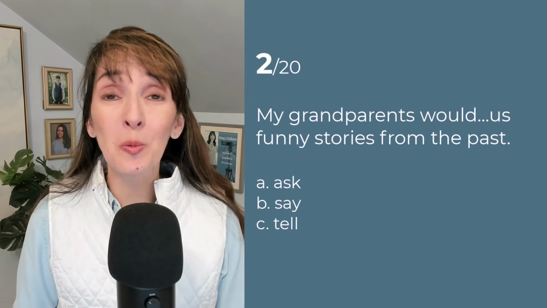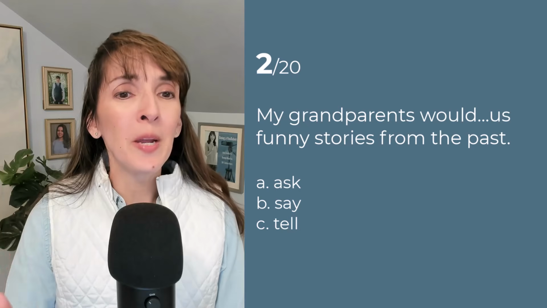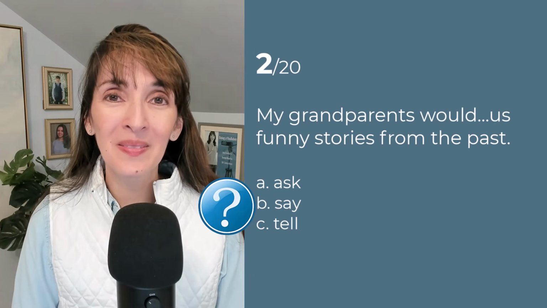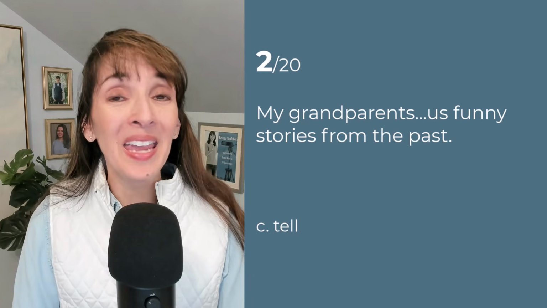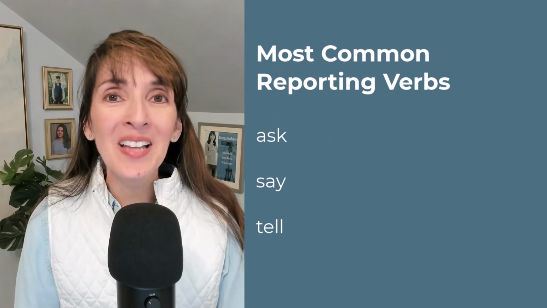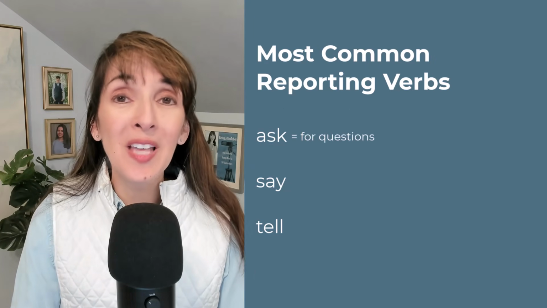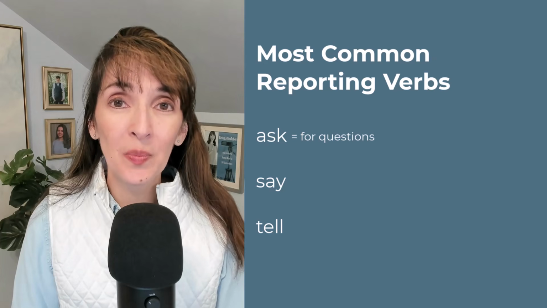2. Choose the correct reporting verb. My grandparents would us funny stories from the past. Answer C. Ask, say, and tell are the most common reporting verbs. We use ask for questions.